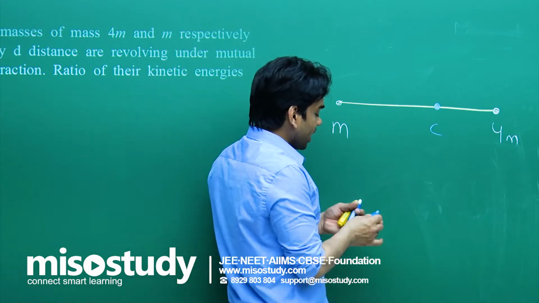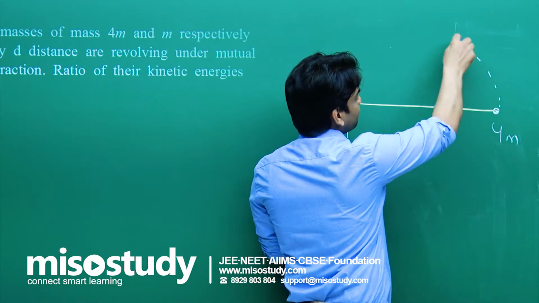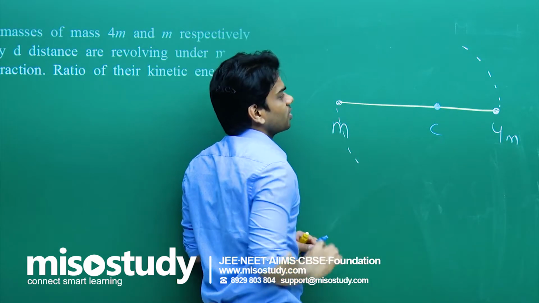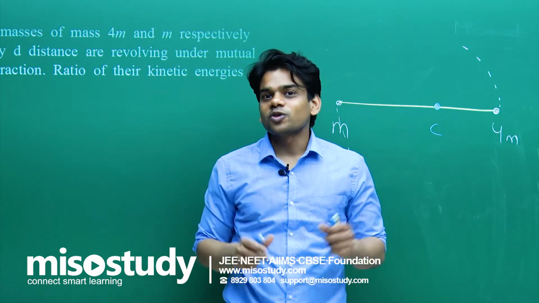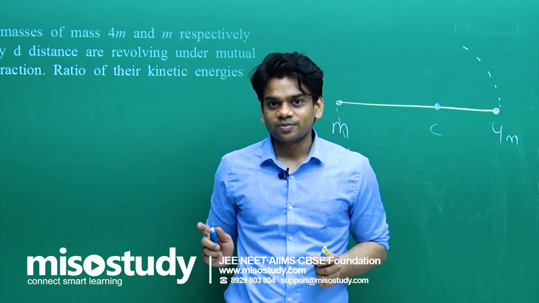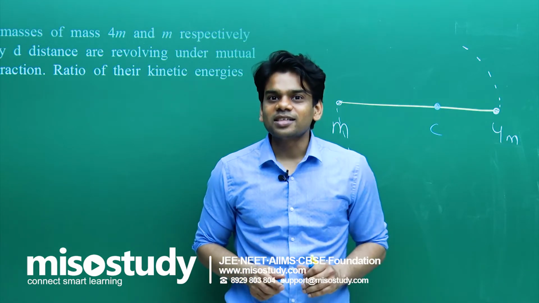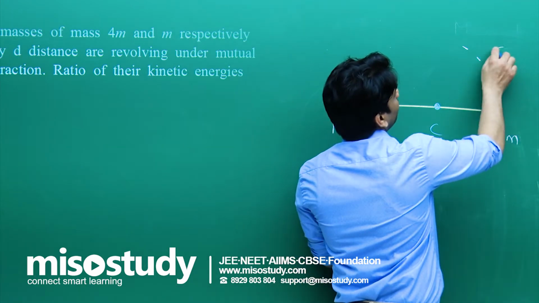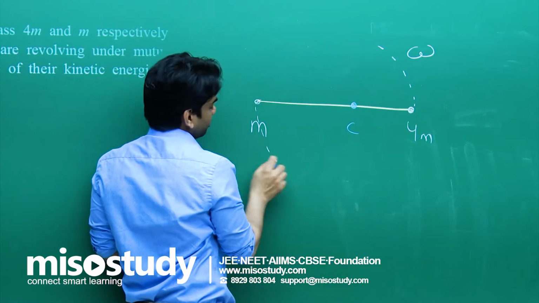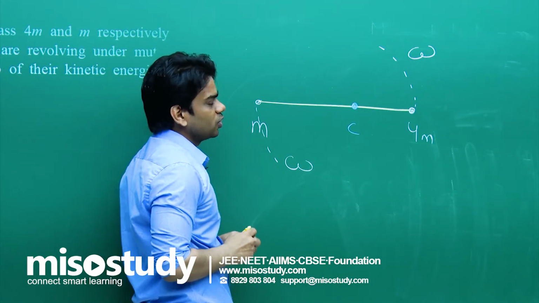Now let's say they are rotating, so they will be rotating like this. This will be coming down. Now in a two body system, when they rotate under the mutual force of attraction and both bodies rotate, I have told you in the class that angular velocity remains the same. So if this is rotating with angular velocity omega, the same this body will be also rotating with angular velocity omega.